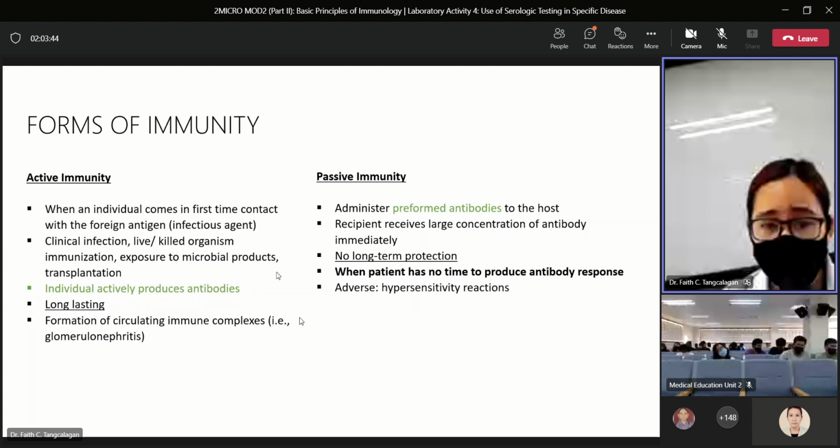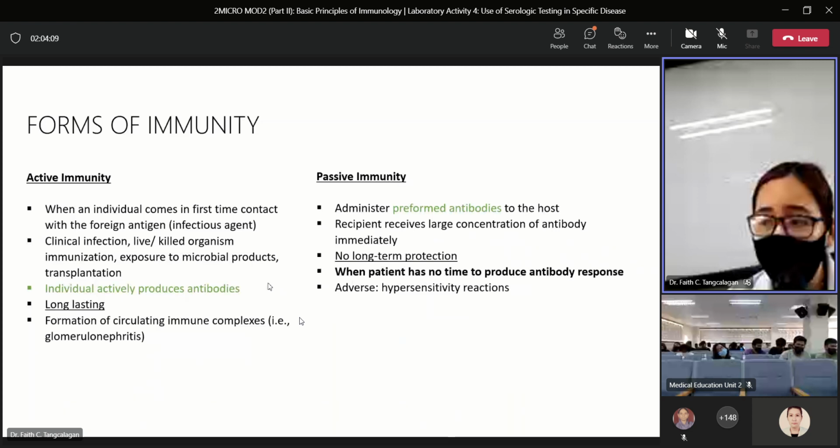For example, rabies. You don't want to wait for the patient to get immunized when the patient already has a serious infection. So you need to give rapid anti-rabies immunoglobulin to have an immediate antibody response.